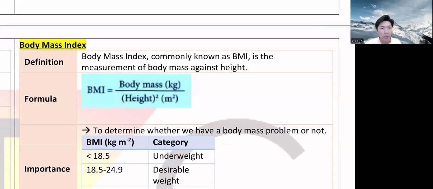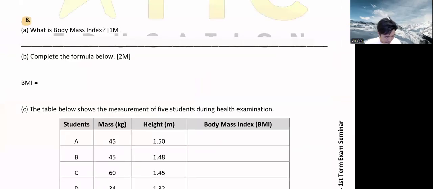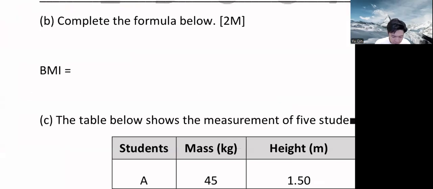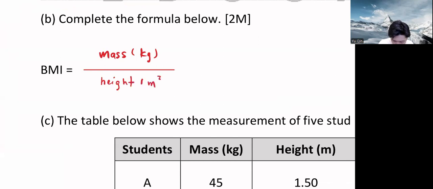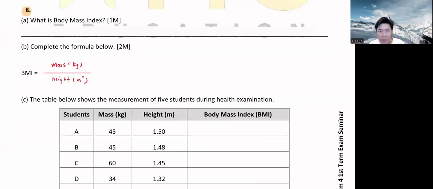Okay, all good. Okay, next. Let me just also write this down. So mass in kg over height squared. Okay, so the next is very simple.